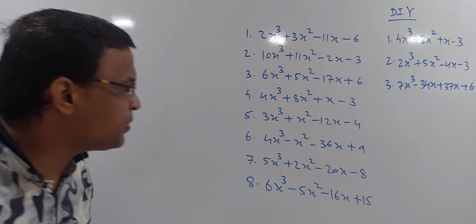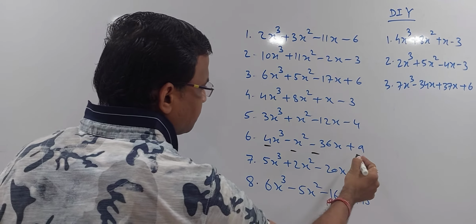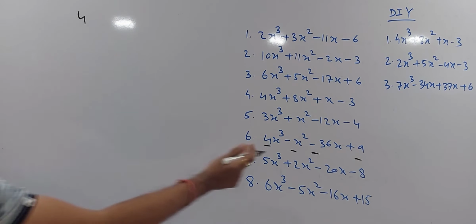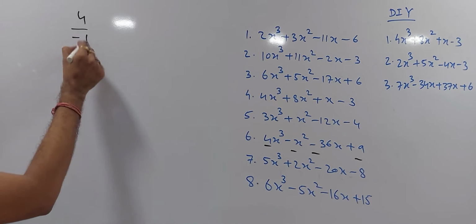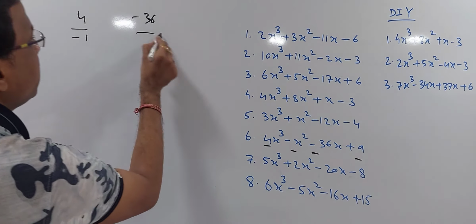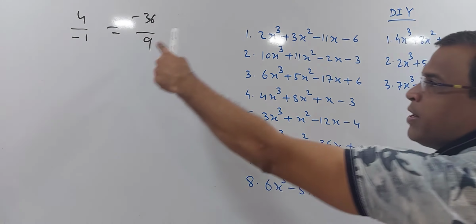The thinking is very simple. Check the coefficients. See the ratio of the coefficients. 4 upon minus 1, and here it is minus 36 upon 9, and you are getting that the coefficient ratio is same. It's minus 4 over here.